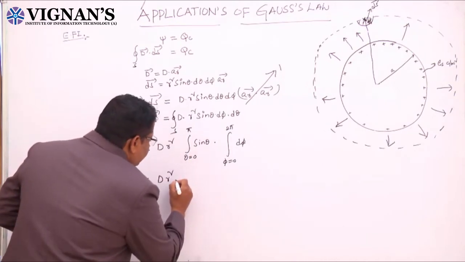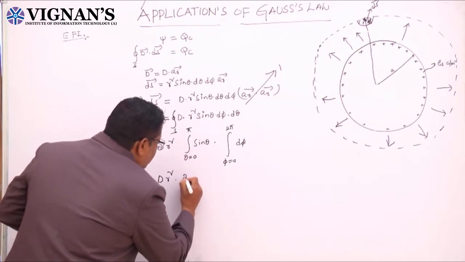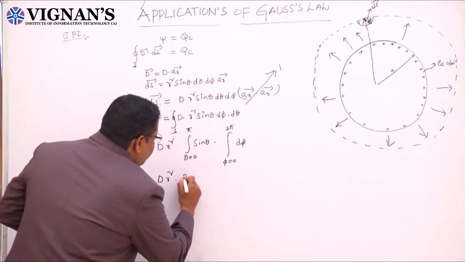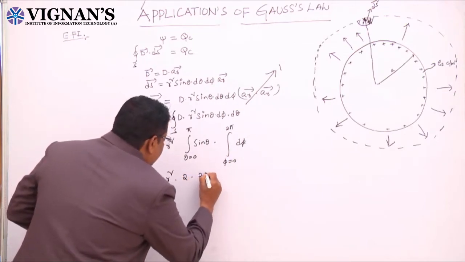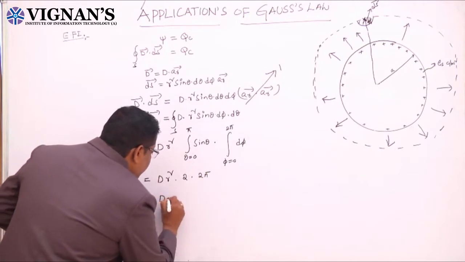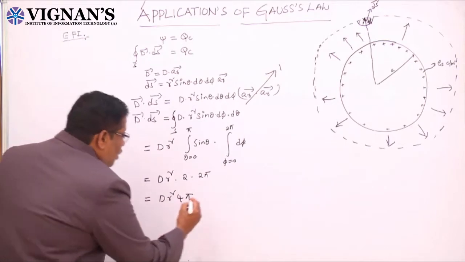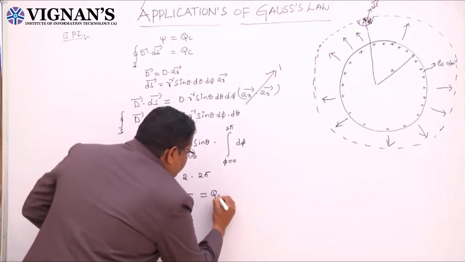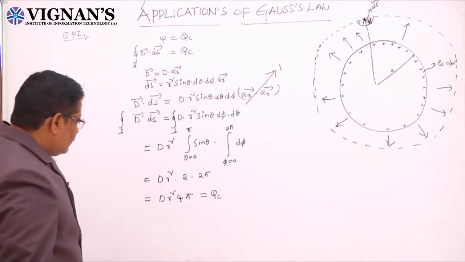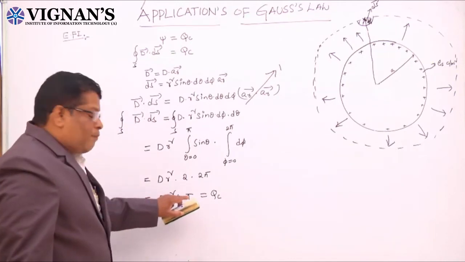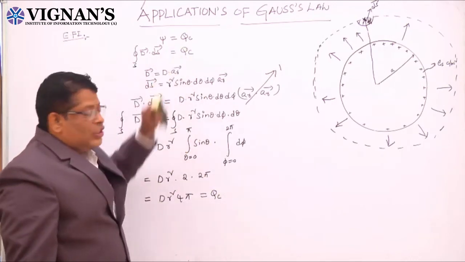This value we get as 2, and this value we get as 2 pi. So finally we get the value of D r square 4 pi. This is equal to the charge enclosed by the Gaussian surface.